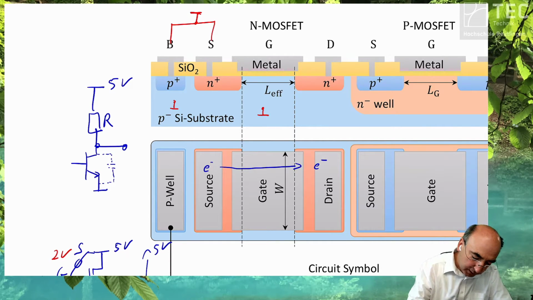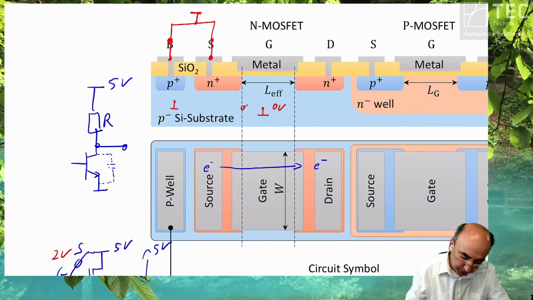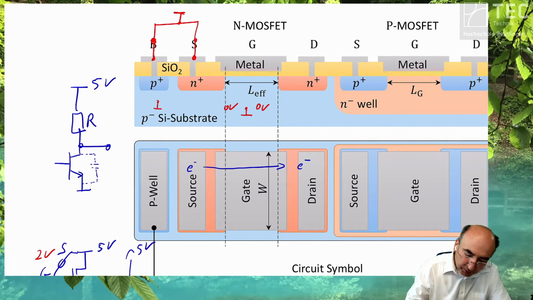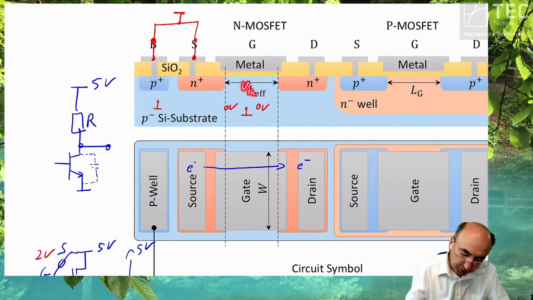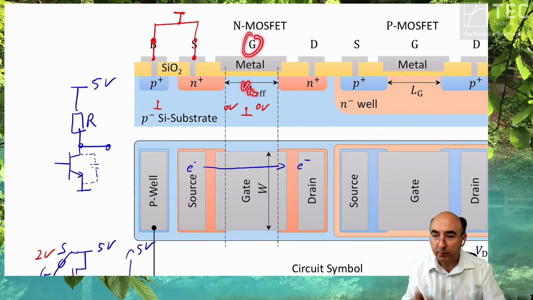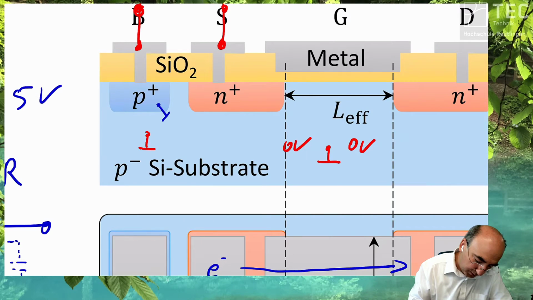Just connecting the bulk with the ground, you assume you have here 0 volt. Okay, now we have here a 0 volt in the bulk. Well, why is this important? Not only for the controlled gate bulk, because if you don't control here, you don't have a controlled threshold voltage. So therefore, you would not know when the transistor switches on. First thing. Second thing, we have here a very stupid configuration which has happened.